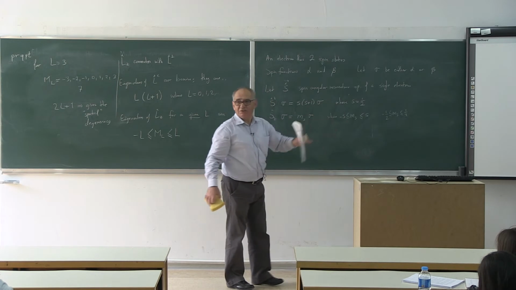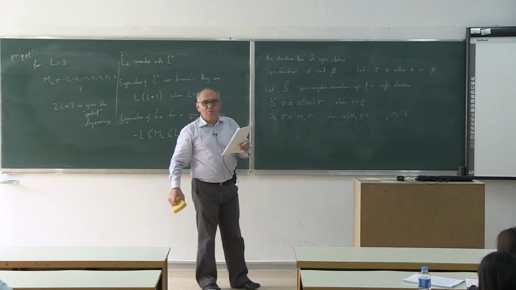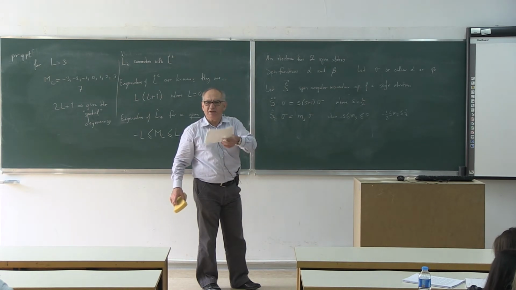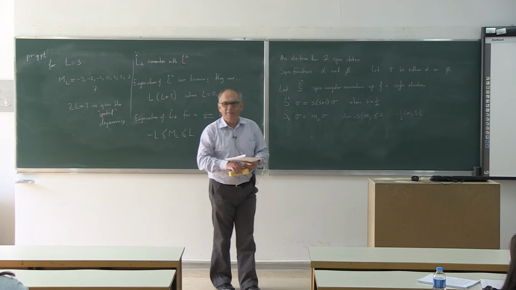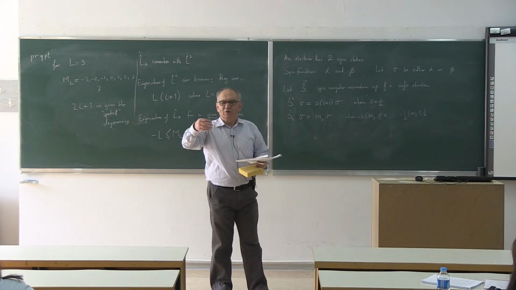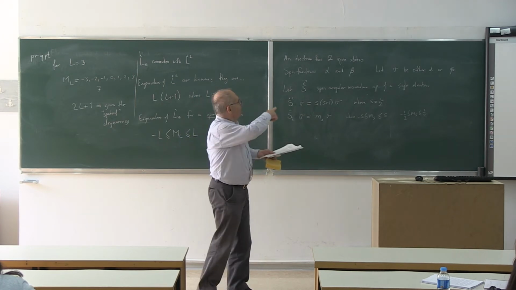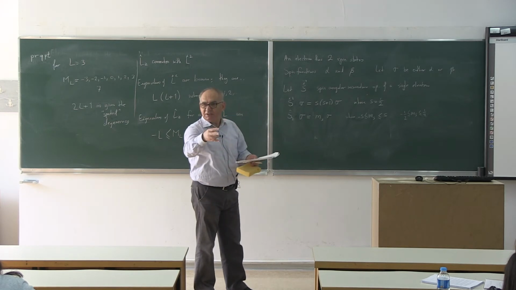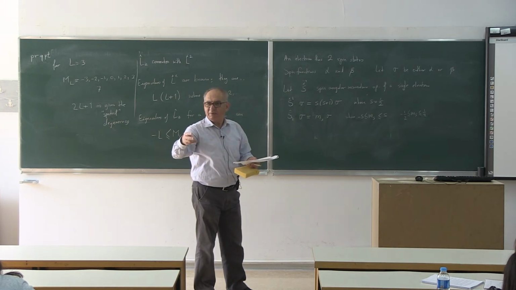These spin functions are assumed to have properties similar to eigenfunctions of any quantum operator. What are they? Eigenfunctions of quantum operators are orthogonal. So here we have two spin functions, one is alpha, the other is beta. Therefore, alpha and beta functions must be orthogonal.